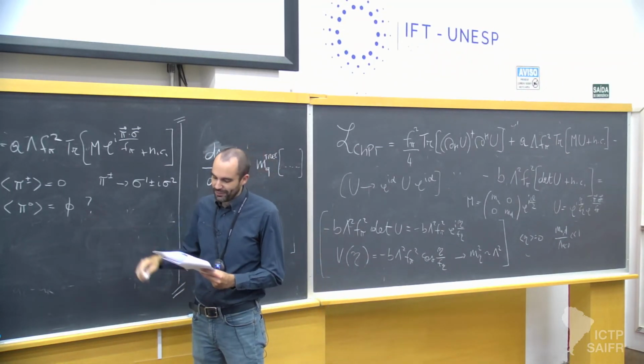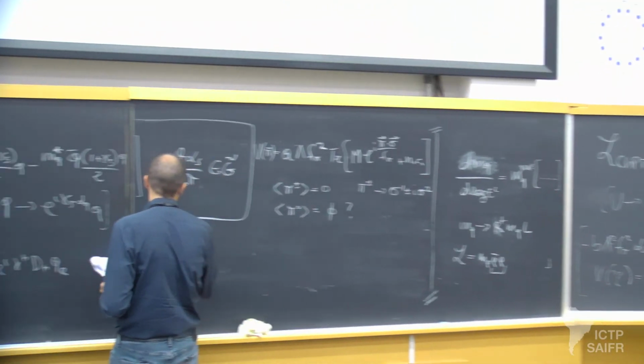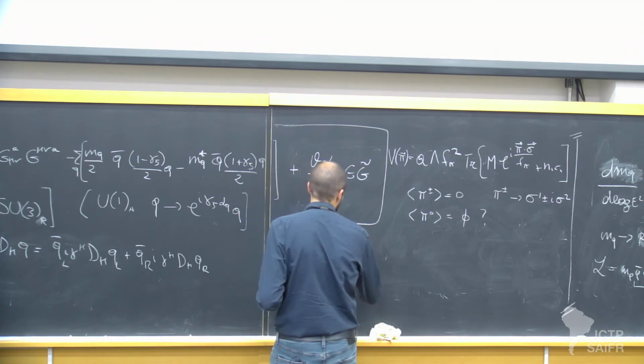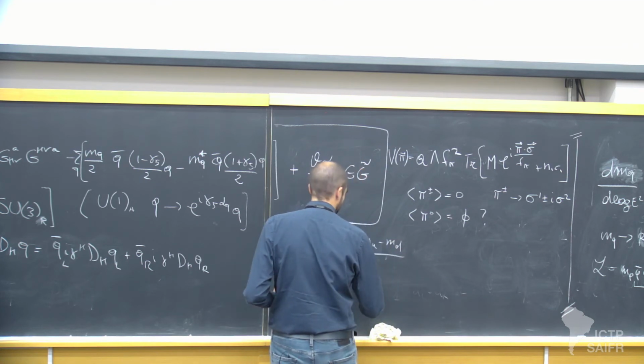And I leave to you as a rather involved algebraic exercise to show that the neutral pion indeed has a VEV, which is given by this expression.